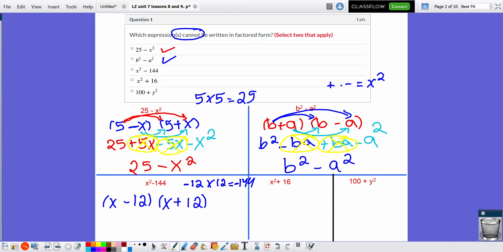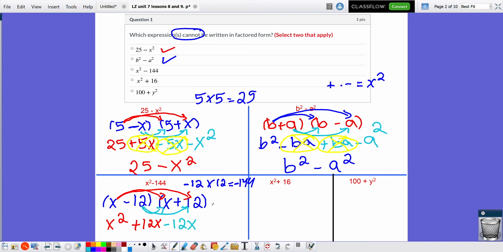So let's see. We'll multiply to check our answer. X times x is x squared. X times positive 12 is positive 12x. So now we'll multiply these two. Negative 12 times x is negative 12x.